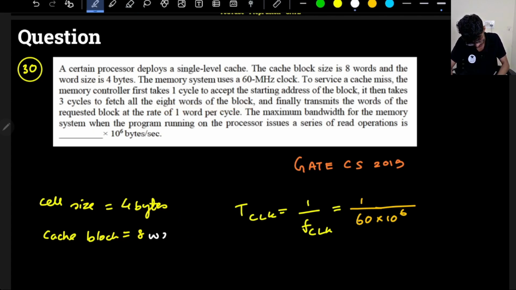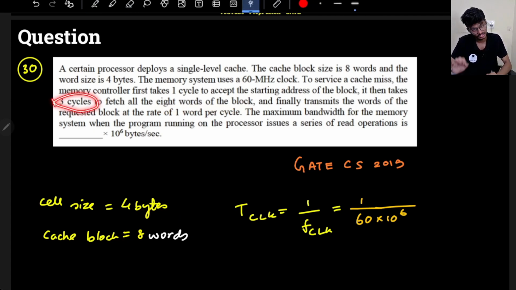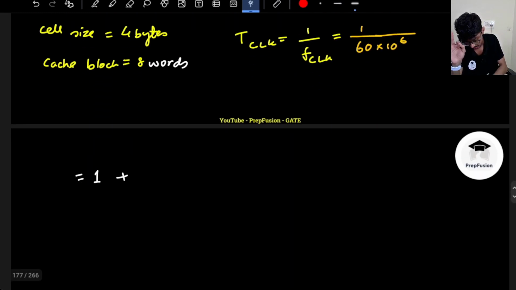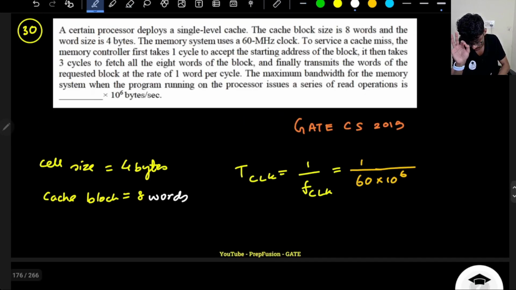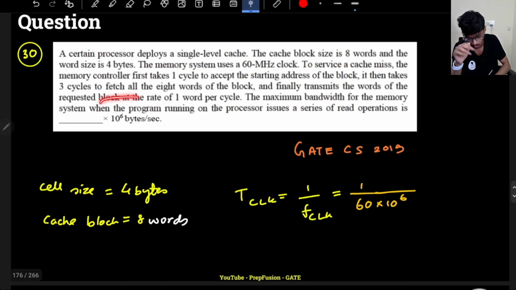So to transfer all the 8 words it takes 3 cycles. They have already provided that, so I will not multiply anything. It takes 3 cycles to fetch, basically to access, all the 8 words.